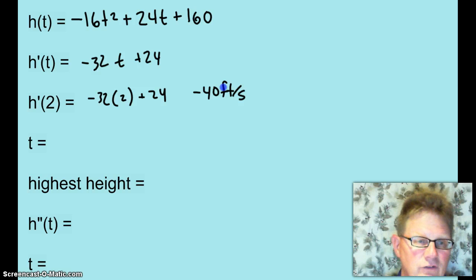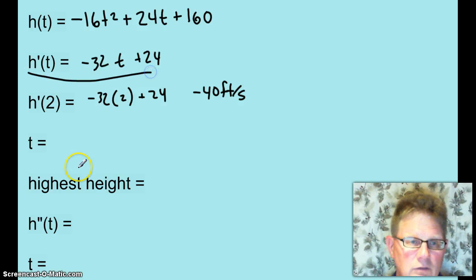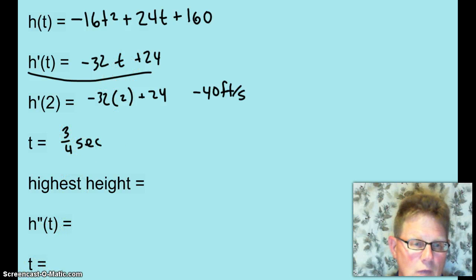And then the first one asks you what time was the velocity equal to 0. Set the derivative right here equal to 0 and solve. When you solve that for t, you get 3/4 of a second is when the velocity was 0.